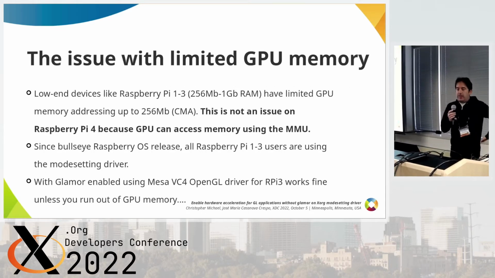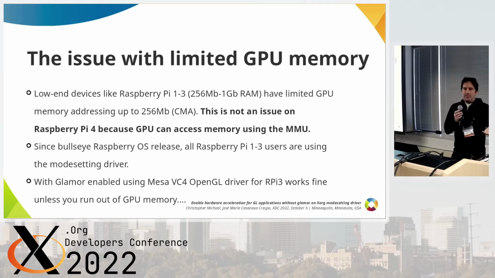But there is an issue here. If our devices are limited by GPU, like the case we have, for example, in the Raspberry Pi 1, 2, and 3, that has a hard limit of 256 megabytes of contiguous memory addressing.